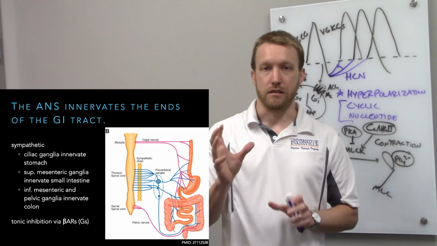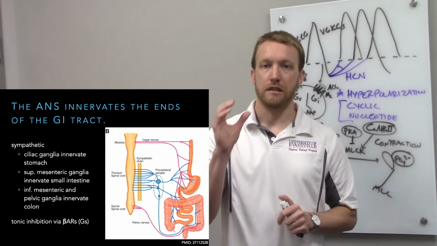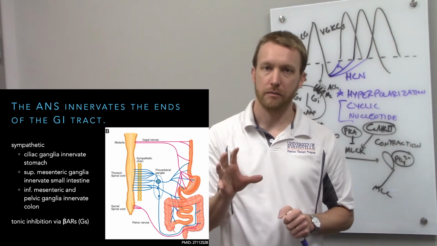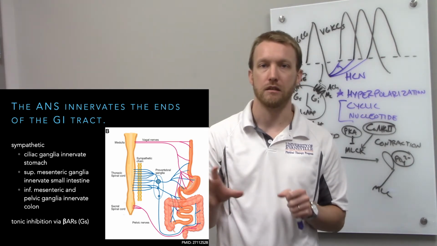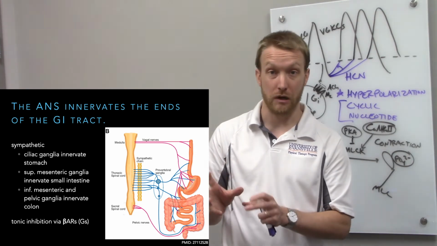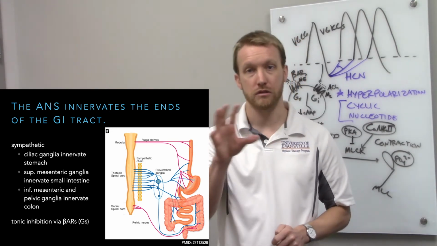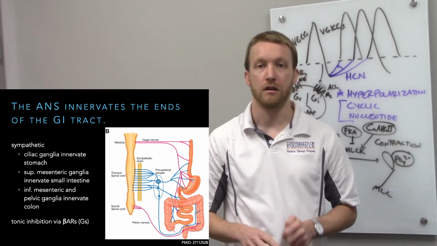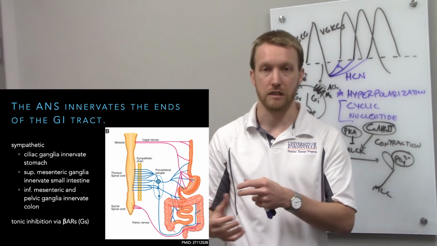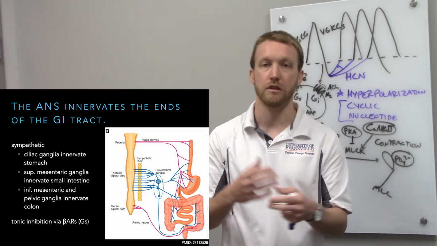Mostly the ends of the GI tract are innervated. So there's a lot in the esophagus and stomach, some in the intestine, and then it resumes once we get around to the distal colon. So celiac is going to hit more the stomach, mesenteric will hit intestine, pelvic will get the colon.